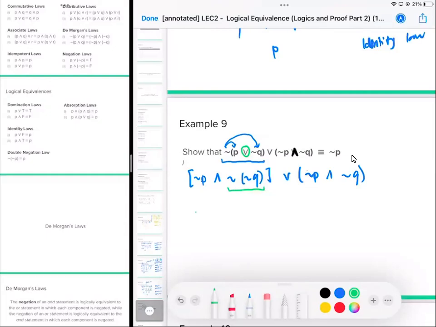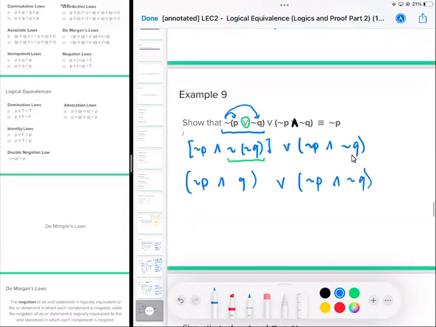So we will have not P and Q, using the double negation, or simply copying the second statement, not P and not Q. And now, do we see a pattern?